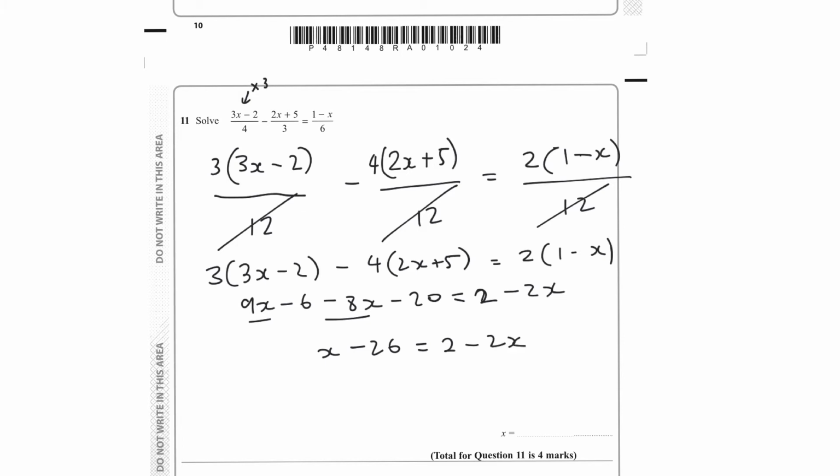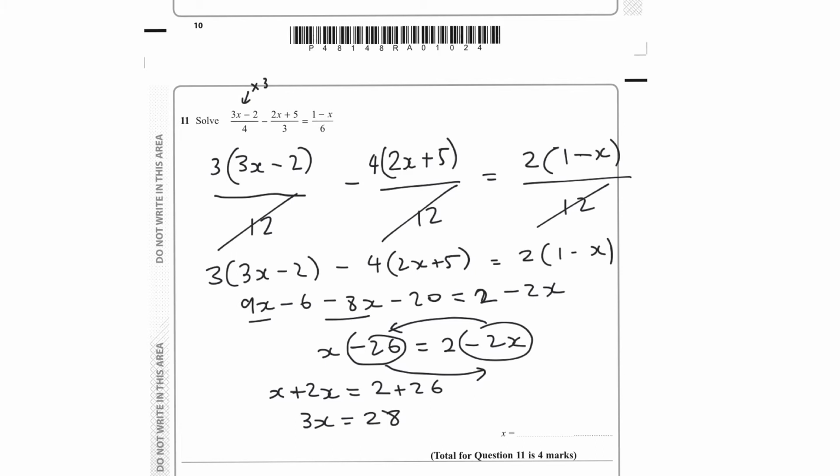Bring the x's to one side, bring the numbers to one side. So I'm going to move minus 2x over and the minus 26 over. So minus 2x brought over would be x plus 2x. Remember, if you bring it over, the sign changes. And then the minus 26 would change into plus 26. So now we've got 3x is equal to 28.